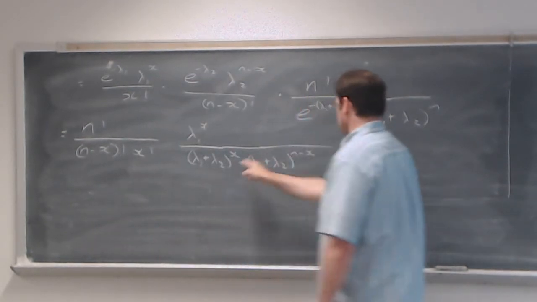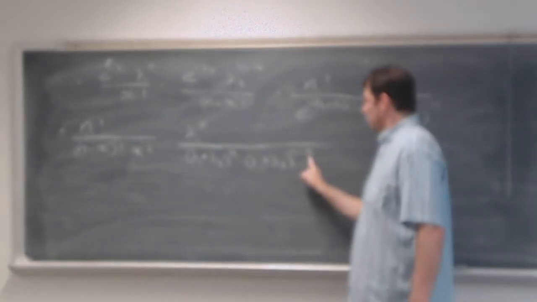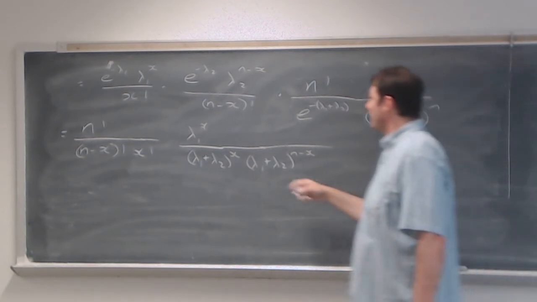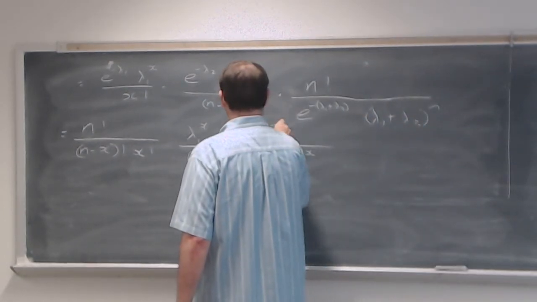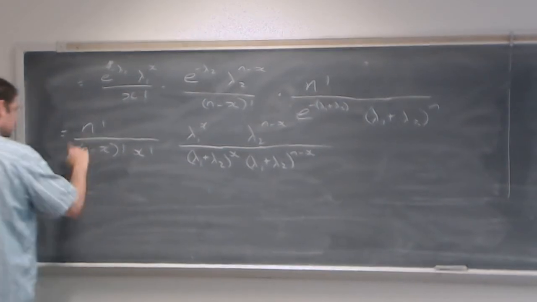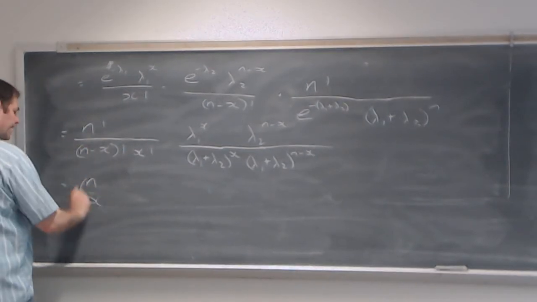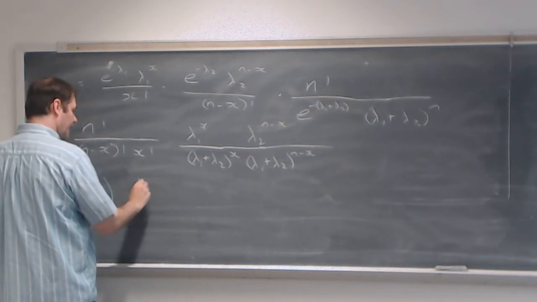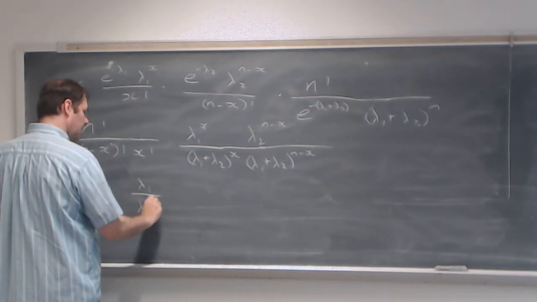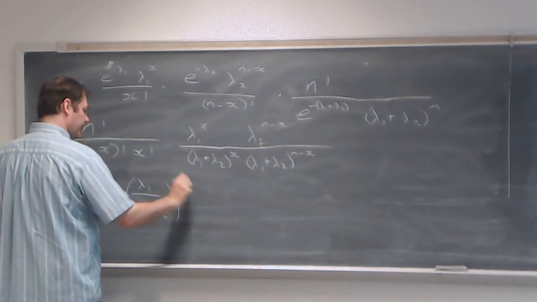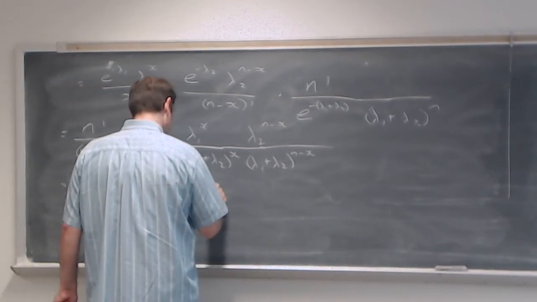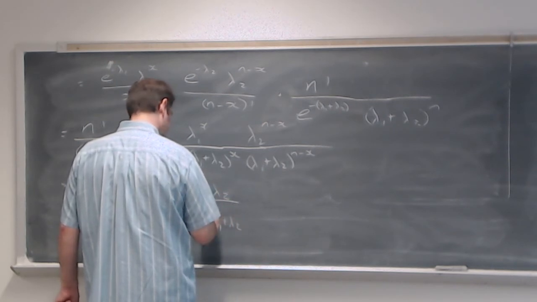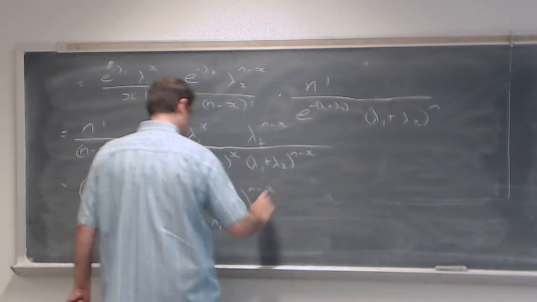So it was raised to the n, but raised to n minus x, raised to x, you would add the exponents here, so we just get n, so that's that part. And then here's this lambda 2 raised to n minus x. Well, this is the same thing as n choose x. Here I'll rewrite this as lambda 1 over lambda 1 plus lambda 2 raised to x. And here, this is lambda 2 over lambda 1 plus lambda 2 raised to the n minus x.